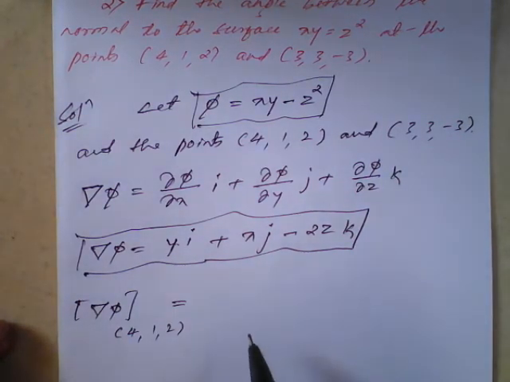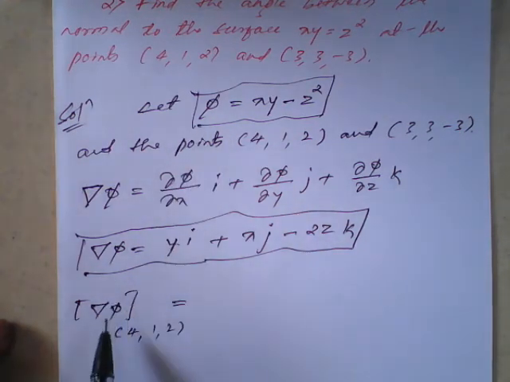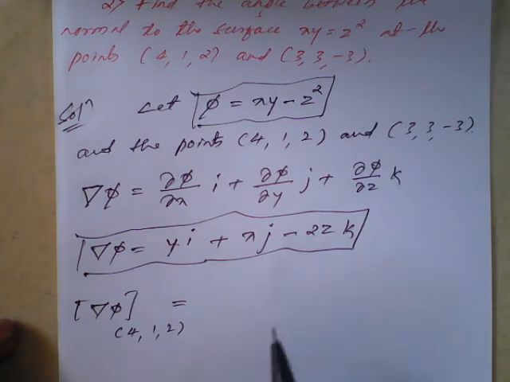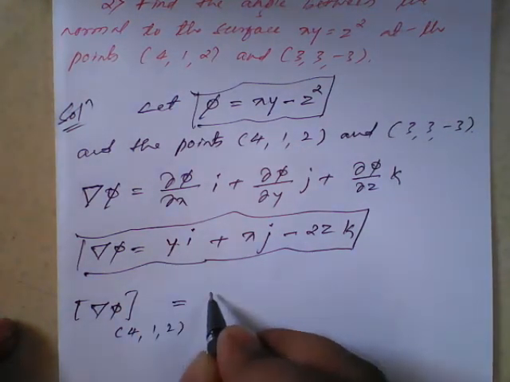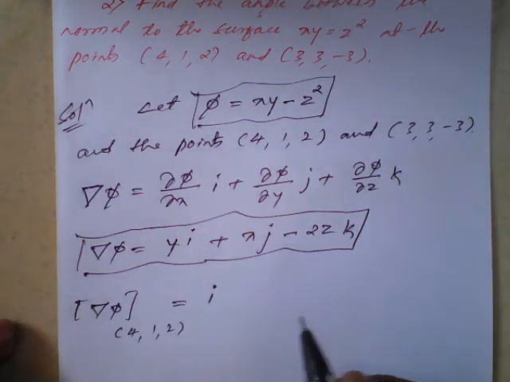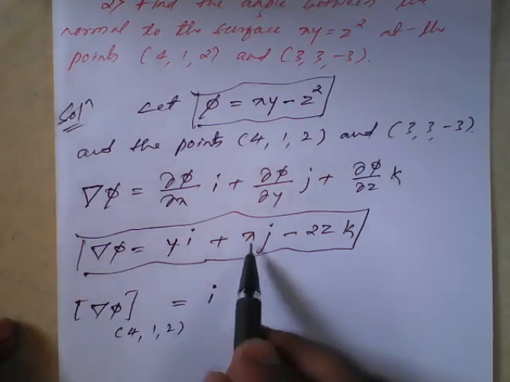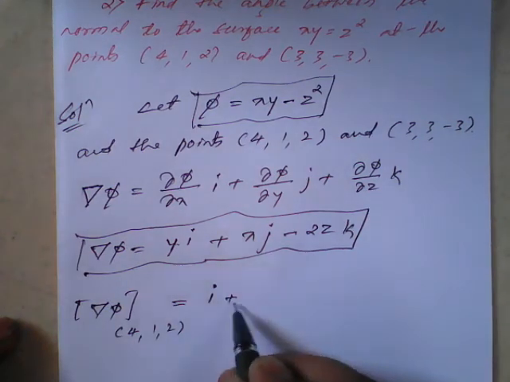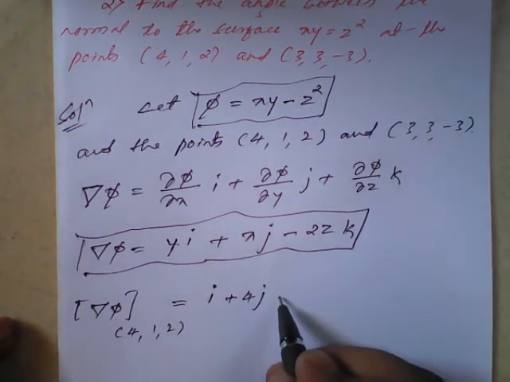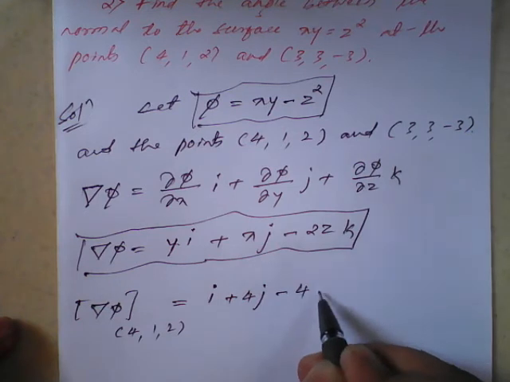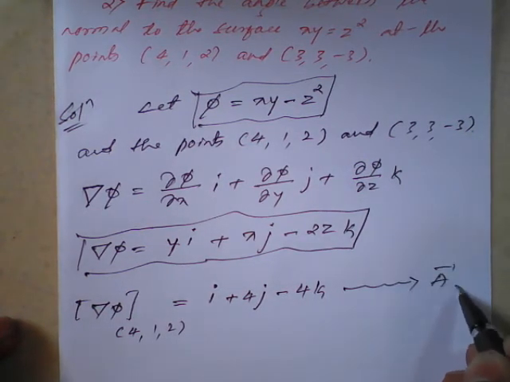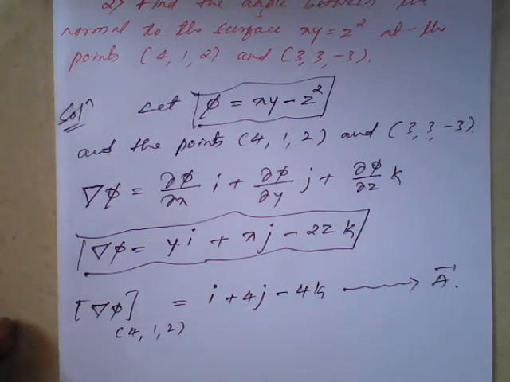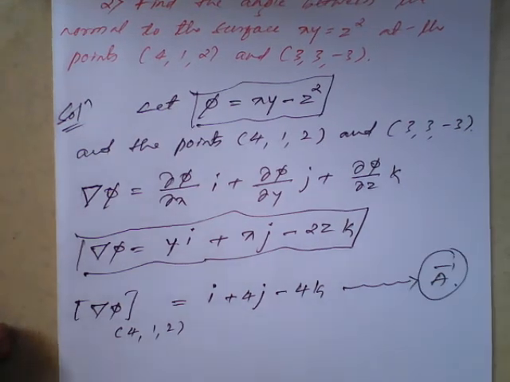If you pass this del phi through the first point 4 comma 1 comma 2, we'll get i, because y is 1, that is 1 into i is i, then we have x, so it will be plus 4 times j, minus z is 2, 2 twos are 4, minus 4 times k. So this result I will name as vector A. Why I have given this, I will tell you now.